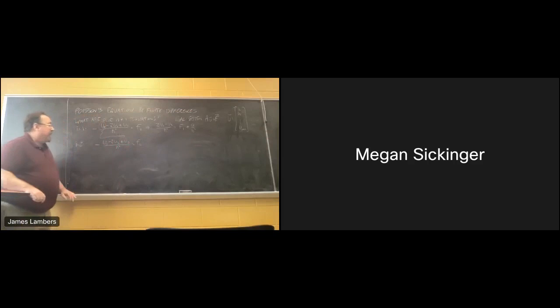Now let's look at i equals 2. Minus nu times (u1 minus 2u2 plus u3) all over h squared equals f2. Now, are boundary conditions going to have any impact on this equation?